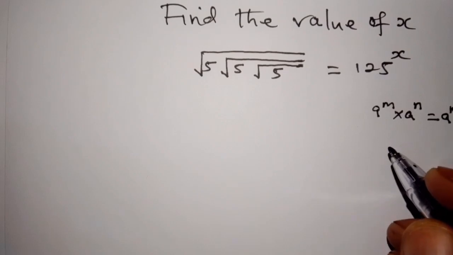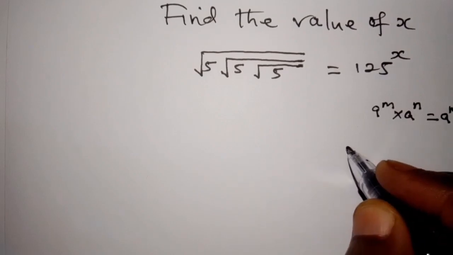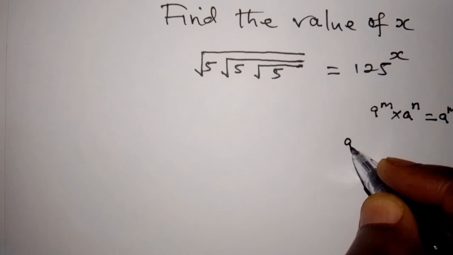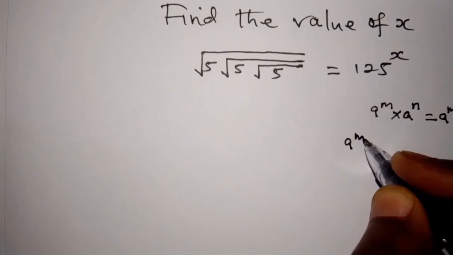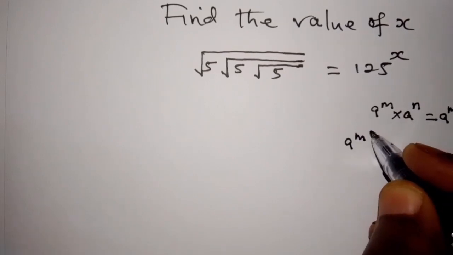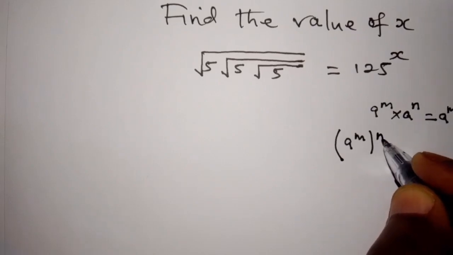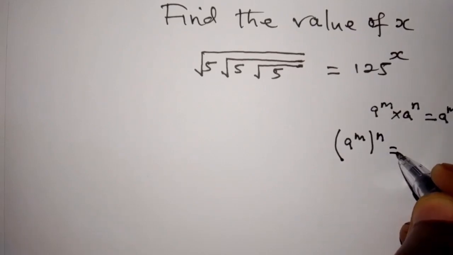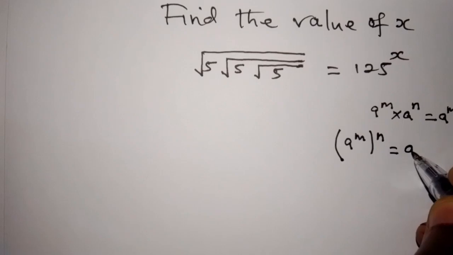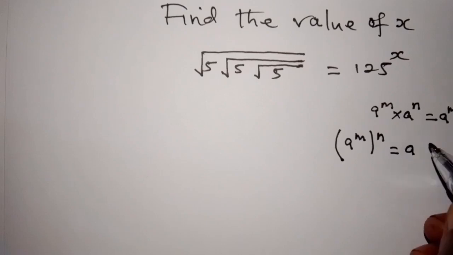Then the other rule we are going to apply is a power m, bracket, power n is equal to a power m times n.